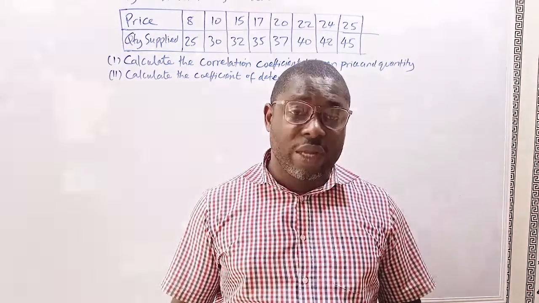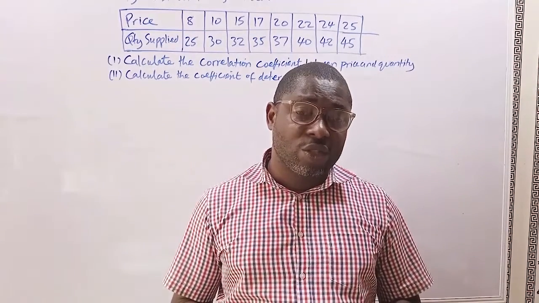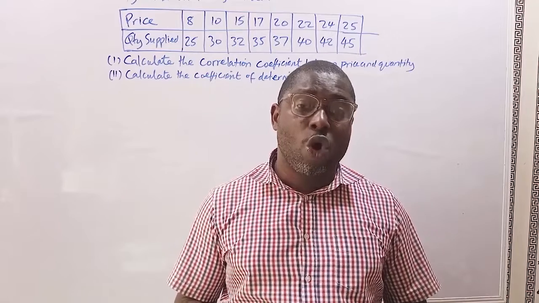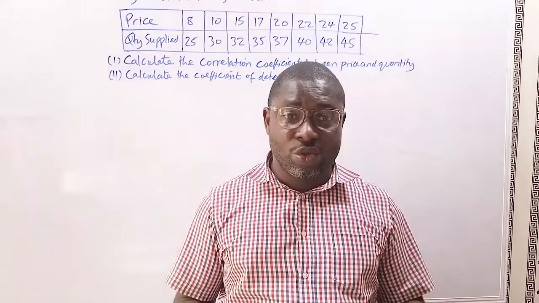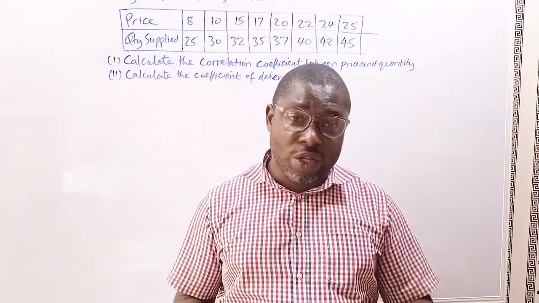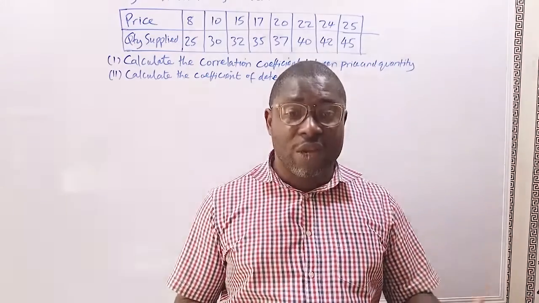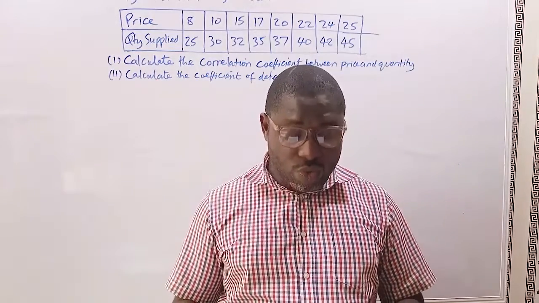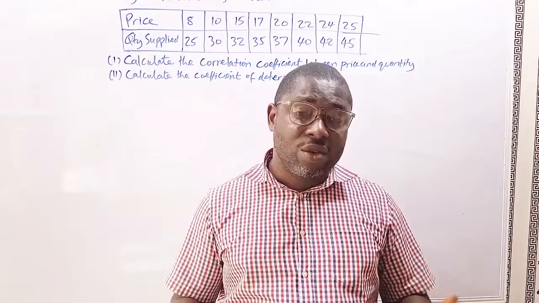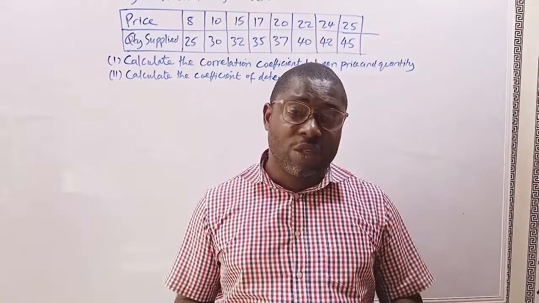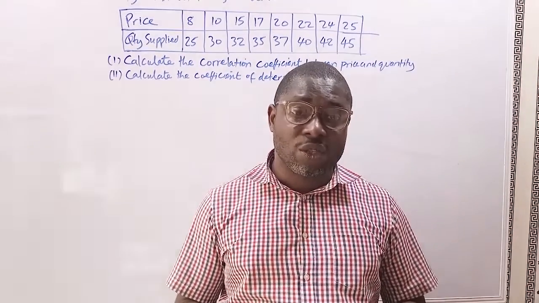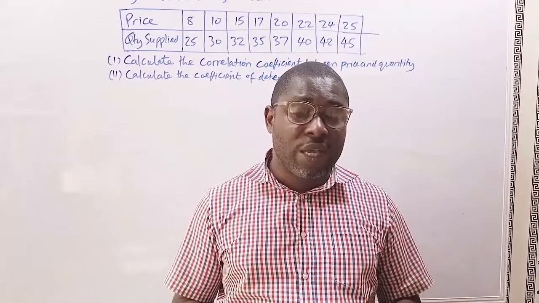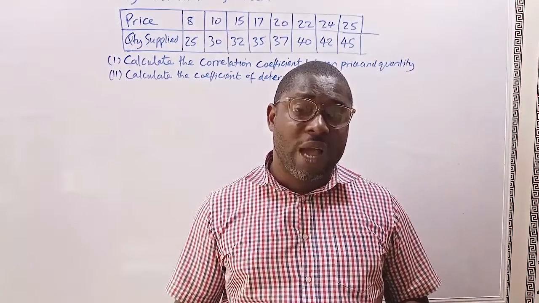And one tool that's used to find that relationship is what we call correlation. So remember, relationship has to do with correlation, or correlation has to do with the relationship of two variables. Now, the degree of that relationship, which also shows the direction of the relationship, is denoted by a small letter r.